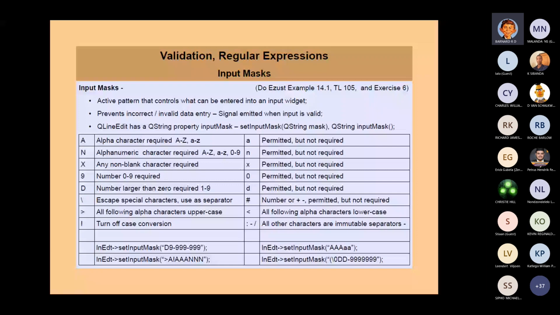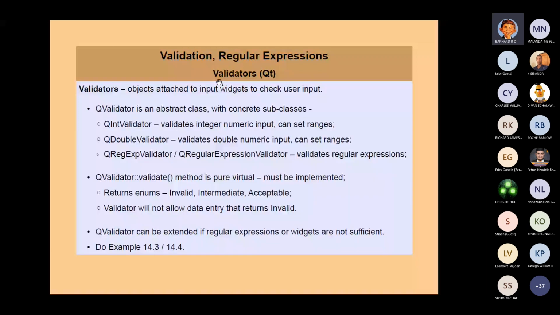Okay, next part. Okay, then looking at validators. Okay, this part is specific to Qt. Right, a validator is an object that's attached to input widgets to check the user input. There's a class QValidator, which is abstract. There are some concrete subclasses available.